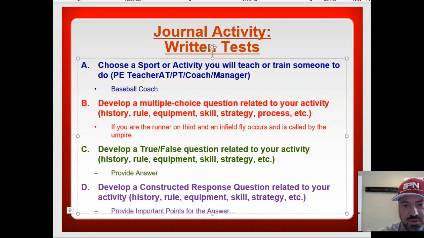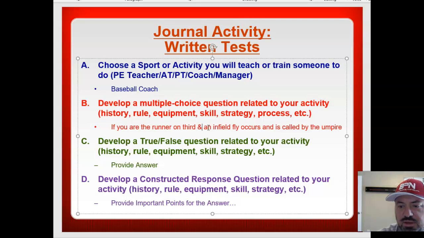Here is my example. If I'm a baseball coach, I might ask this question to my team. It might not be something we're writing down, even though it's considered a written test. We might do these verbally in a coaching situation. We might have just gone over base running, and I could ask here, if you're the runner on third and an infield fly situation happens, and it's called by the umpire, what do you do?